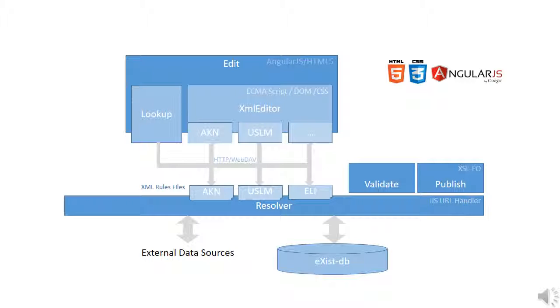The middle tier is also where we provide basic services such as document validation and publishing. The top tier is LegisPro Edit, the web-based XML editing platform we've just explored. This application is a componentized application built using the latest technologies for HTML5, CSS3, such as the AngularJS application framework.